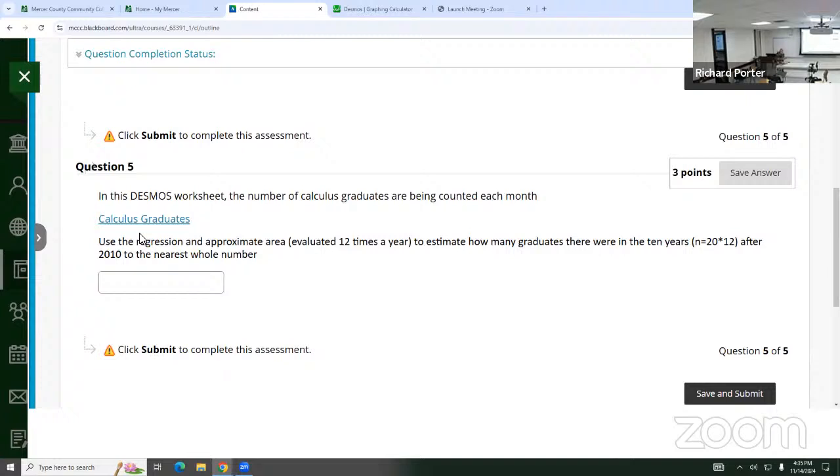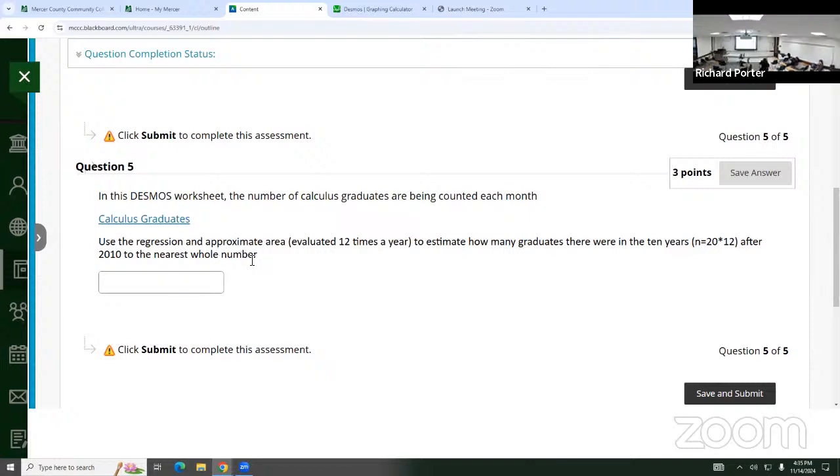So you're going to use little rectangles each month, figure out how many graduates there are, and you're going to do that for each month, 12 times a year, for 10 years after 2010.